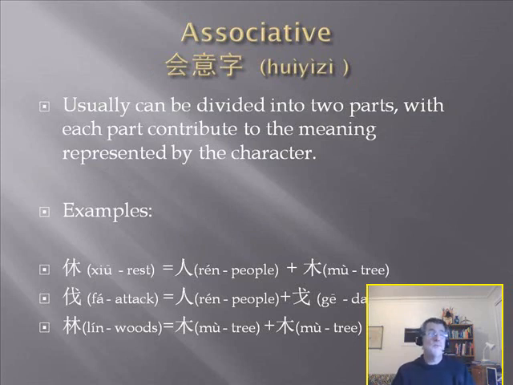Now, the next one we're going to look at, just briefly, is the associative characters. Just to remind you, these are the ones where we're trying to express something abstract. So we can't rely on the character looking like the thing that we're trying to express. Some examples of them are, for example, this first one you guys know. 休.